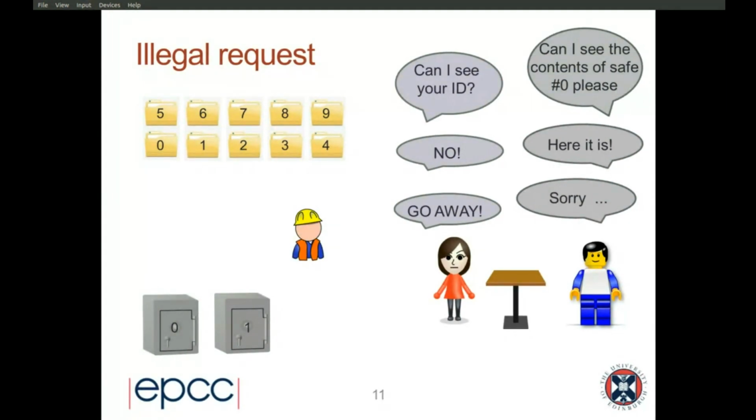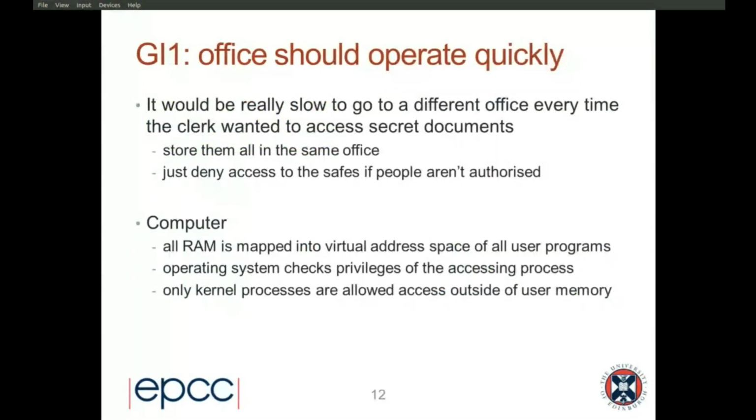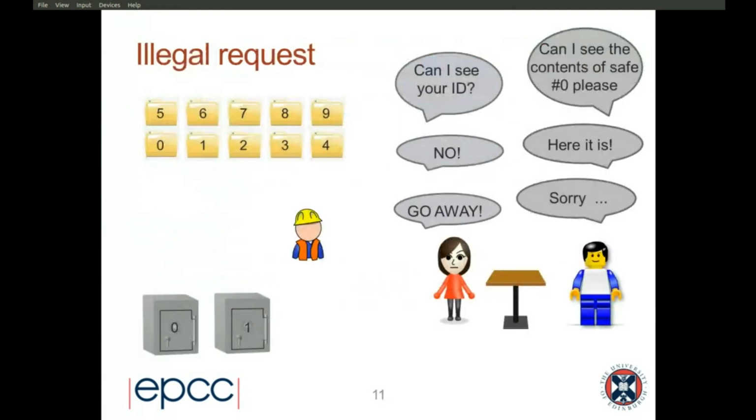Seems quite straightforward. So the good intention, good intention number 1, the office should operate quickly. It would be really, really slow to go to a different office every time the client wanted to access the secret documents. So you may have noticed in this diagram that the secret documents were stored in the same back office as my documents. You might think that's a bit of a strange thing to do.